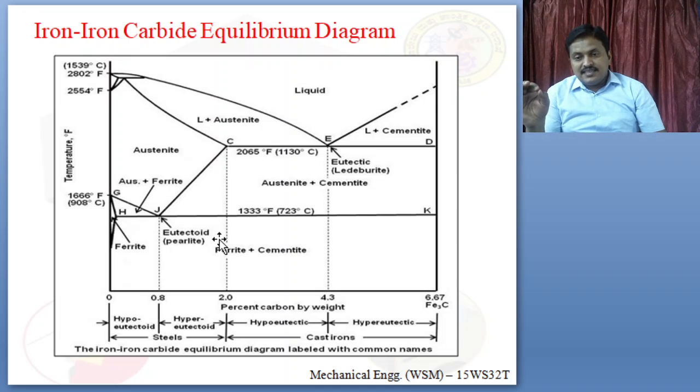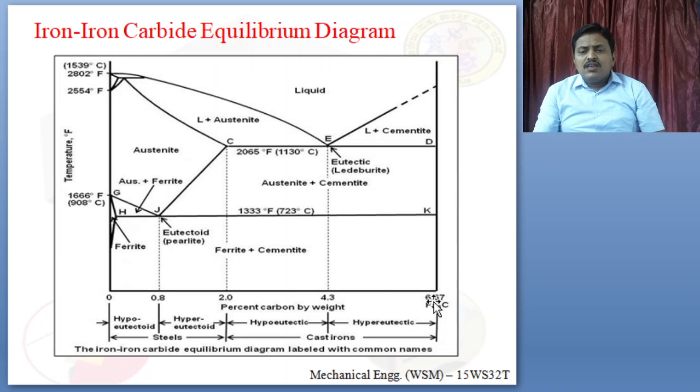In this graph you can see the maximum percentage of carbon is 6.67 percent, and the remaining 93.33 percent will be iron.